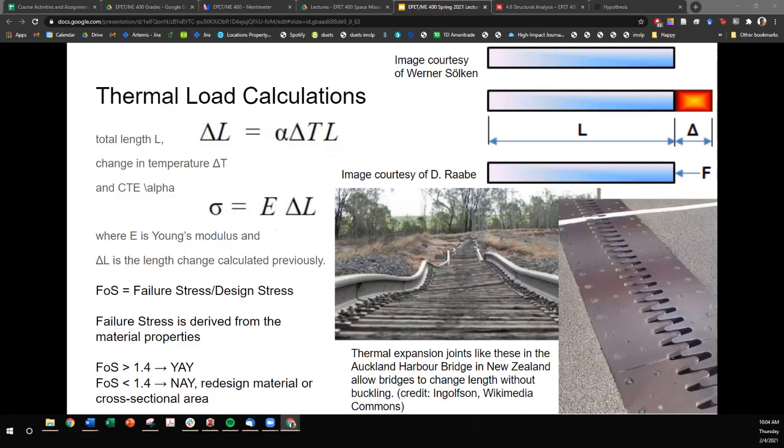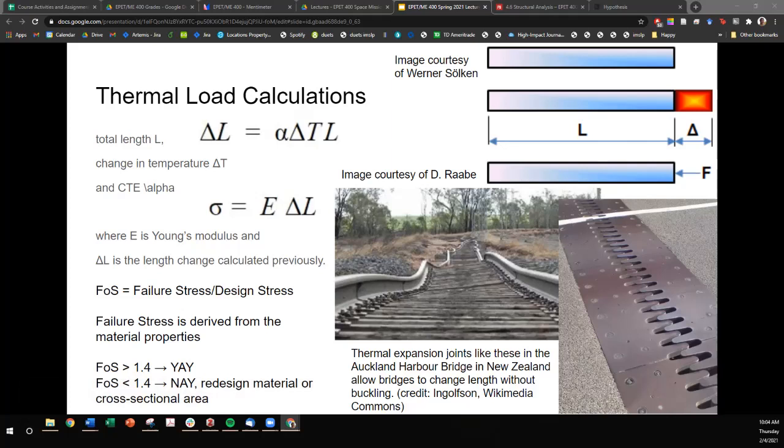Ways to prevent that can be seen on bridges, for example, where these joints allow for some expansion to occur. But if you don't have the ability to accommodate this expansion, this difference in length from expansion results in some axial loading, some force.